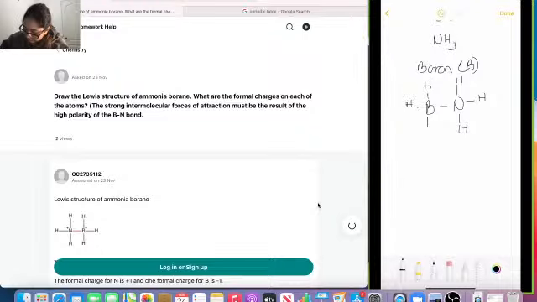This is what makes ammonia borane. So this is ammonia borane.